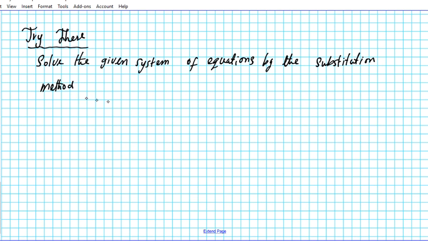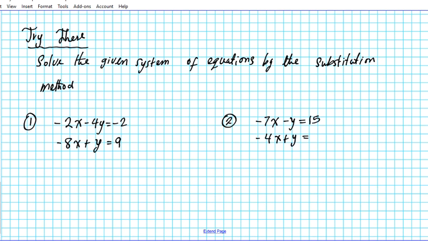Okay, so for number 1, let's say we have negative 2x minus 4y is equal to negative 2. Number 2, let's say you have negative 8x plus y is equal to 9. Number 2, let's say we have negative 7x minus y is equal to 15, and negative 4x plus y is equal to negative 4.